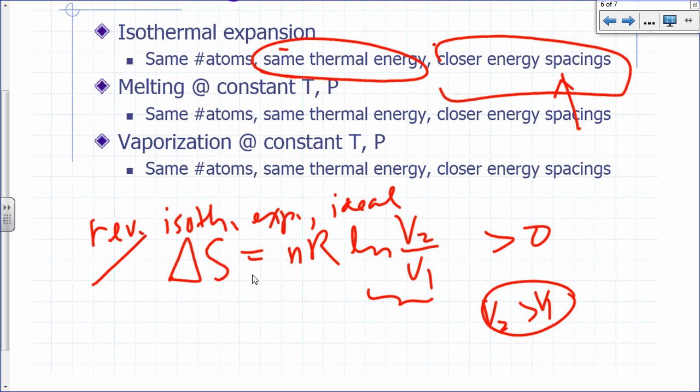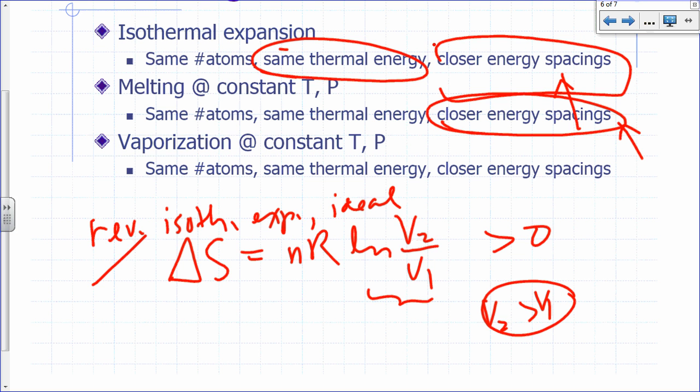Same amount of thermal energy. The energy that flows in is used to free the atoms from each other, so they end up with a higher potential energy. Okay? So, but now you have less restricted motion in the liquid. So less restricted motion, you have closer energy spacings, and that's why you have a higher entropy when a solid melts into a liquid.